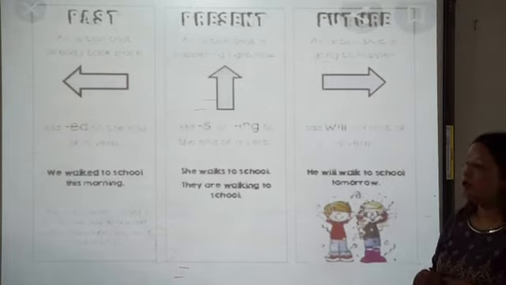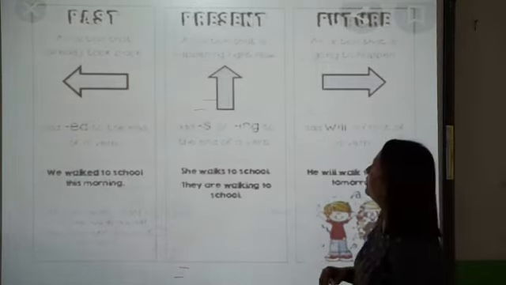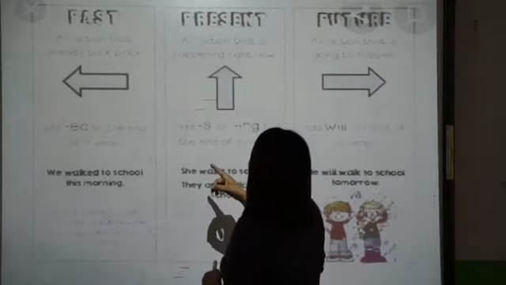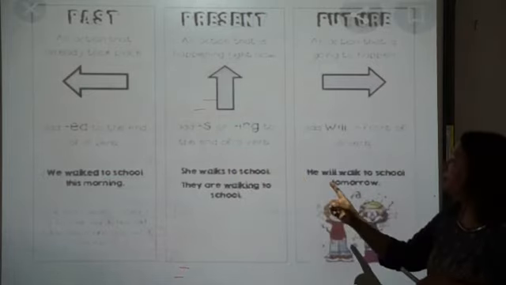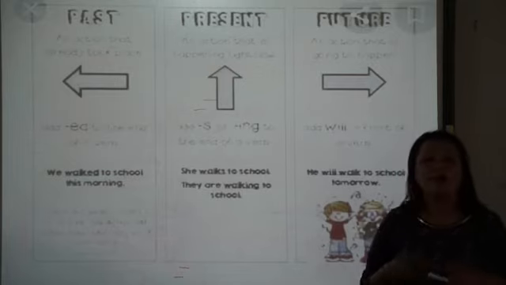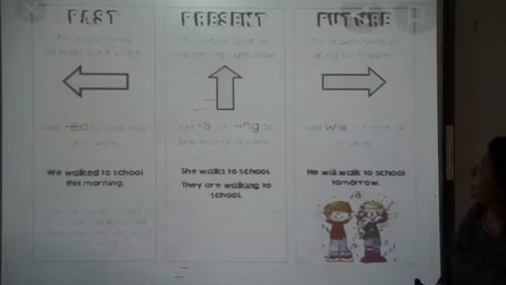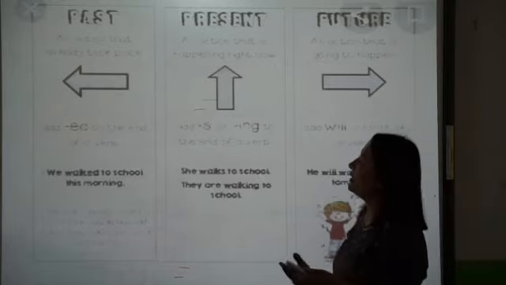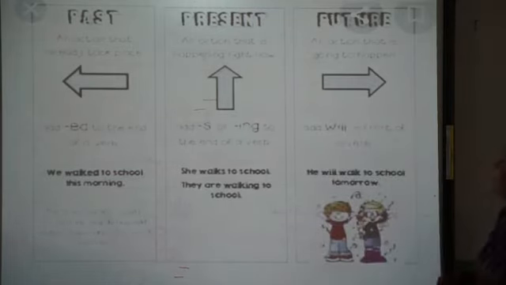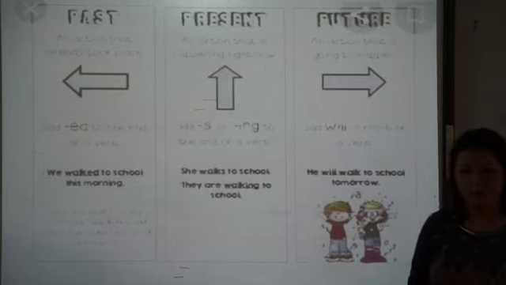So we usually add s or es or ing to the end of the verb. And past, an action that already took place. We add ed to the end of the verb. Then future tense, an action that is going to happen. So we simply add will in front of a verb.